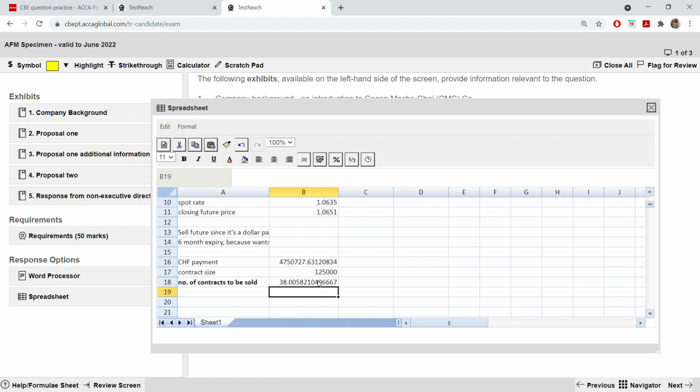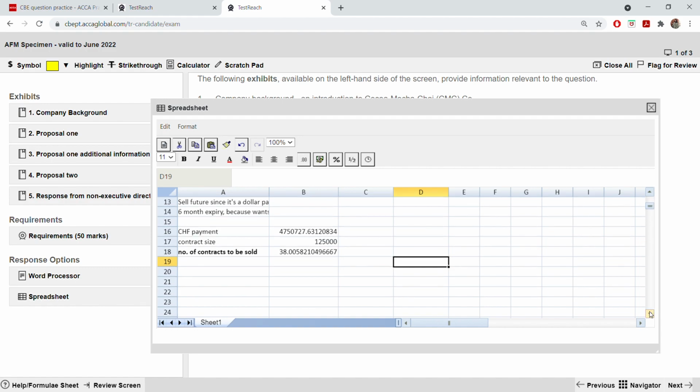Now, you can keep this or you can round up this. Better to keep this so you know that this is the actual answer. There has been an under hedging or over hedging. So we'll put here 38. 38 is the number of contracts to be sold.